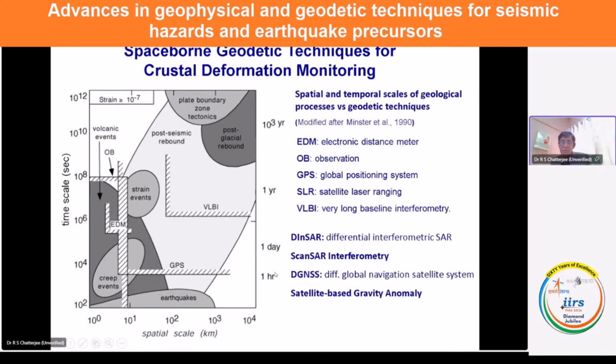Then DGNSS, similar to GPS or GNSS, differential global navigation satellite system, and satellite-based gravity anomaly. These different techniques have different spatial and temporal scales, which is clearly shown in this particular illustration.